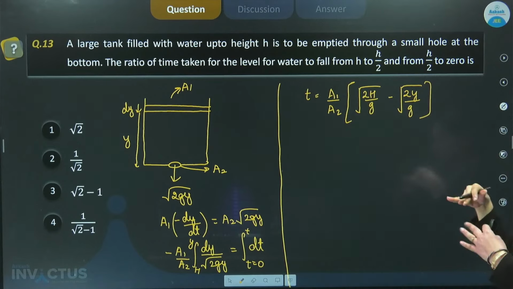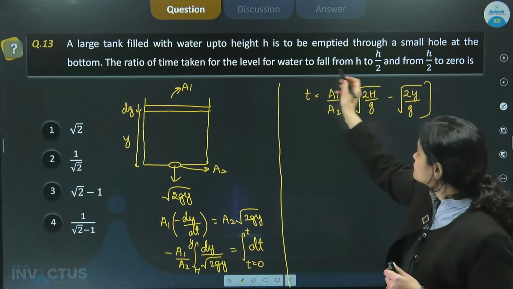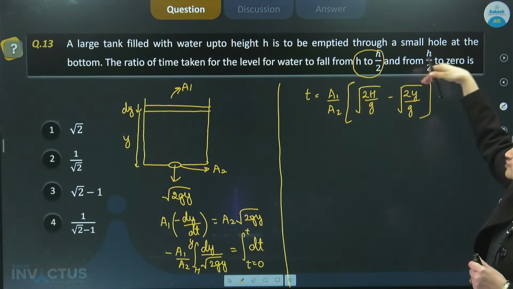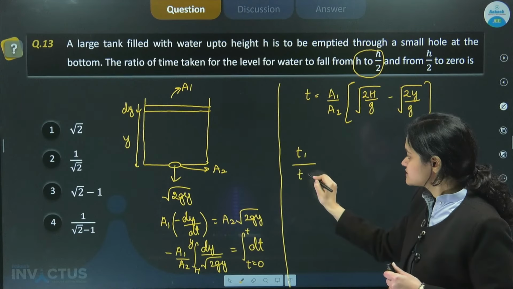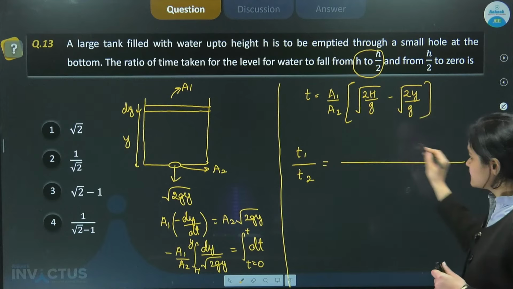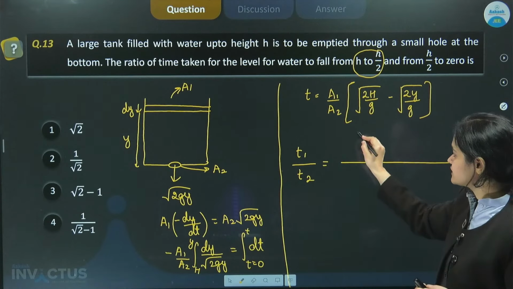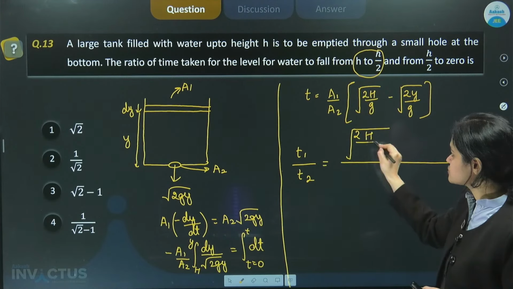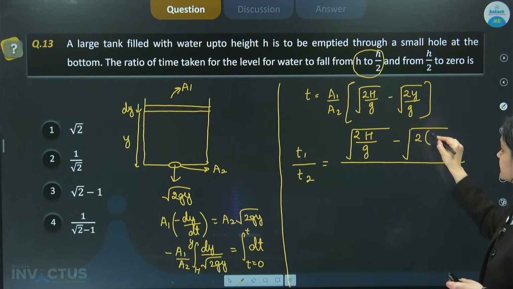All right, now we can find out the relation between the time intervals. Okay, so we have to find out when the fall is from h to h by 2 and h by 2 से 0 तक. तो t1 हम ले लेते हैं h से h by 2 तक. तो I'll just place the value. See, ये a1 by a2 तो is getting cancelled. So we are getting 2 times of, this is root of 2 times of h upon g minus root of 2 times of, instead of y, h by 2 upon g.